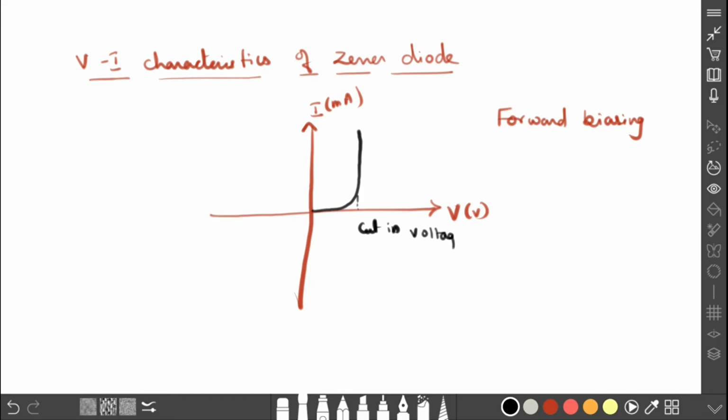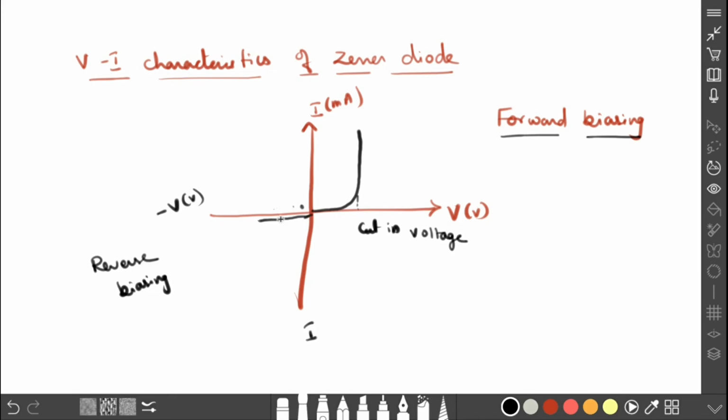But when the same Zener diode is connected in reverse biasing, it acts differently. First, when the voltage increases from 0, a leakage current flows through the circuit. Here is the reverse voltage, minus V, and here the current. When we increase the voltage 0, 1, 2, the current stays saturated.